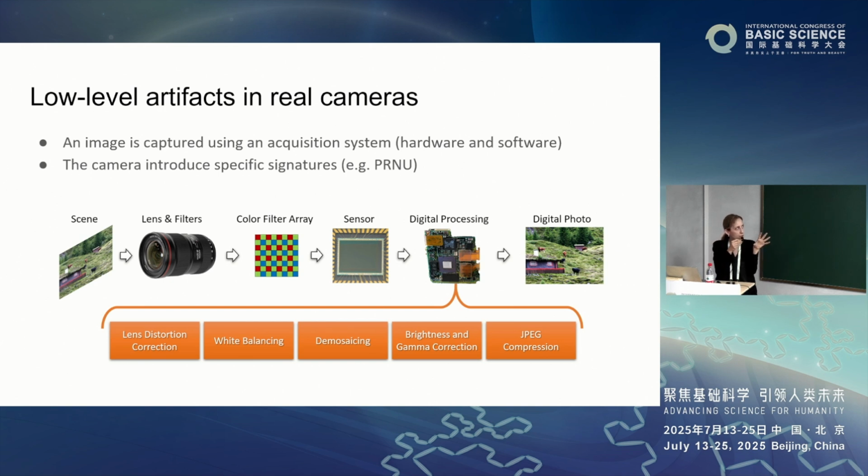At the end you have your image. And even the camera introduces a specific fingerprint, which is also linked to PRNU. I don't know if some of you are familiar with the photo response non-uniformity noise. This is a noise which is introduced in every image by very small artifacts, very small errors of the sensor. So actually every sensor is not perfect.